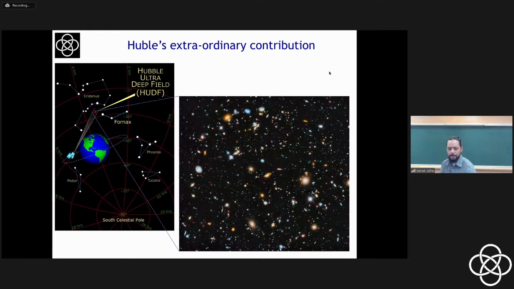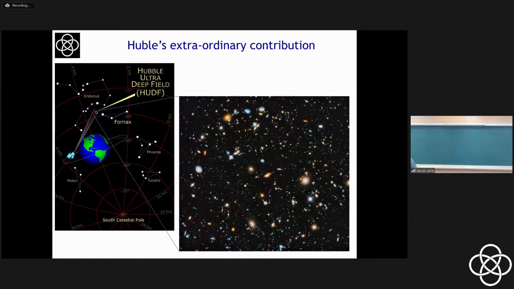Each of these dots is more or less a galaxy from the deep field. Many of them, the fainter galaxies, are quite far away from us. Millions of galaxies like that are found in this apparently blank part of the sky.